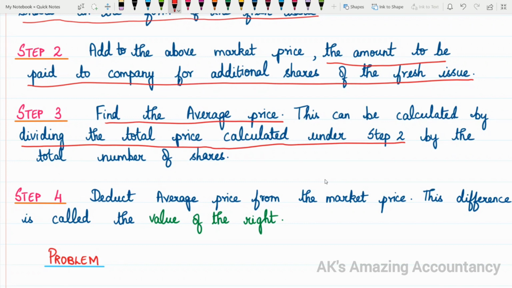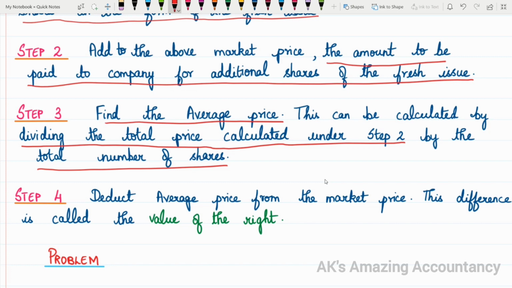Under step 2, you will be calculating the total price, isn't it? That should be divided by the total number of shares. So the total price calculated as per step 2 divided by the total number of shares will give you the average price.